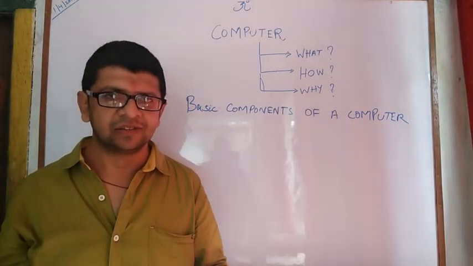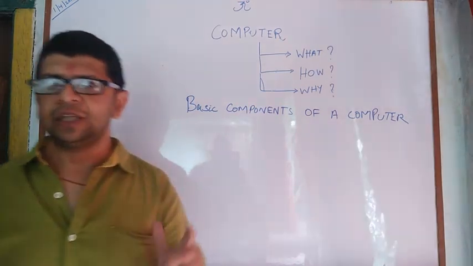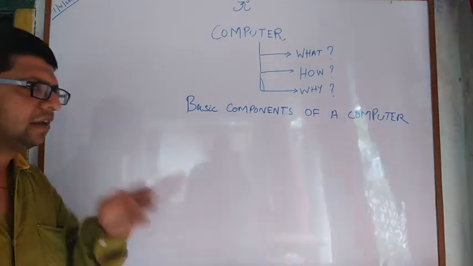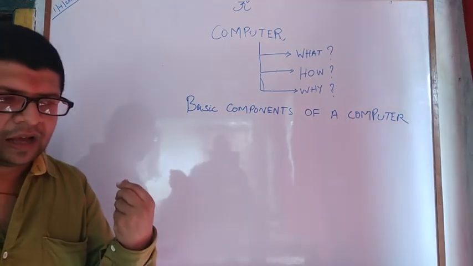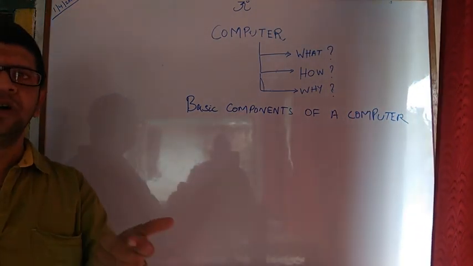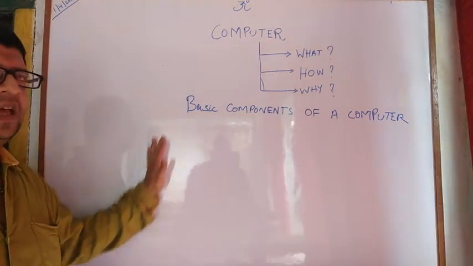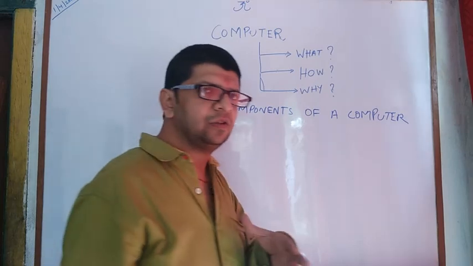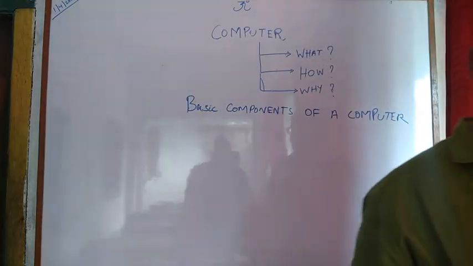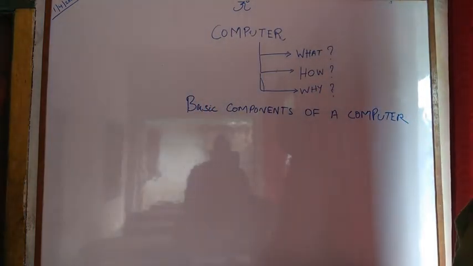So what are these four things? Now, to remember these four things, if I say them in hard language, you may not understand. So here is a very simple trick to understand the four basic parts of any computer. Let us see what the trick is.